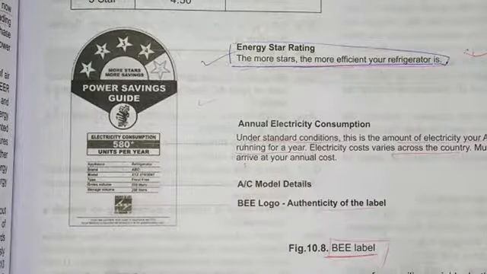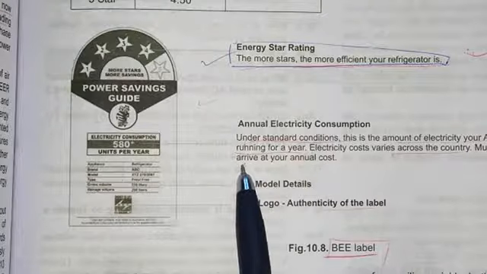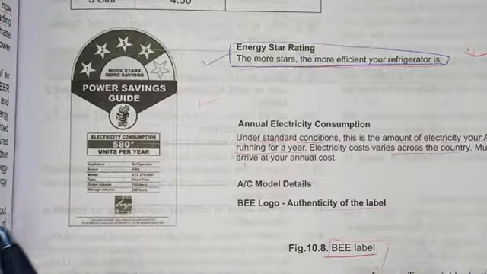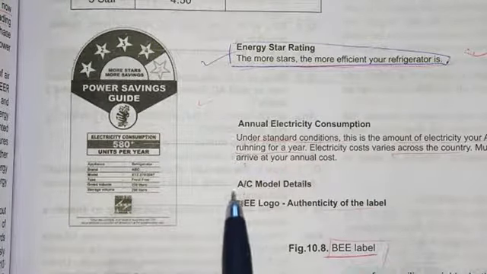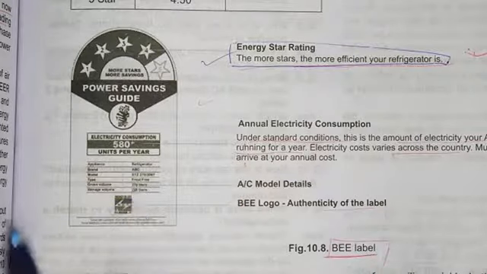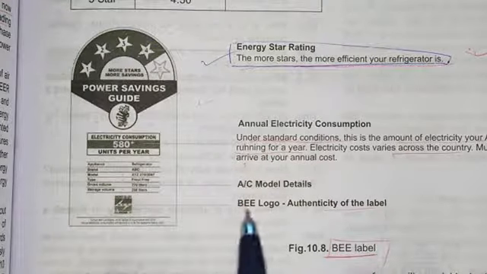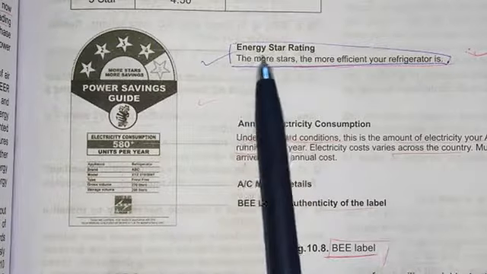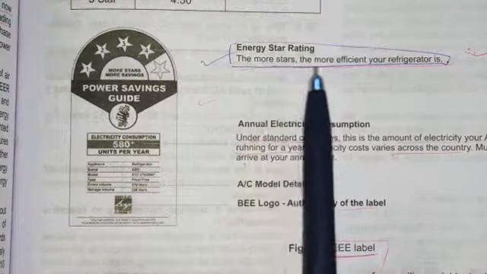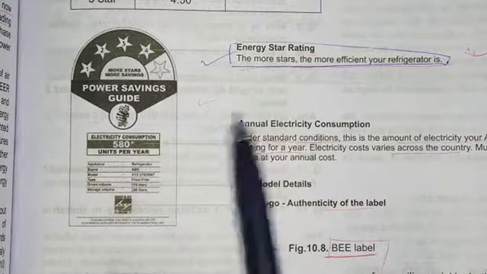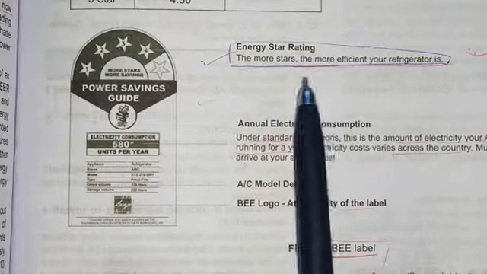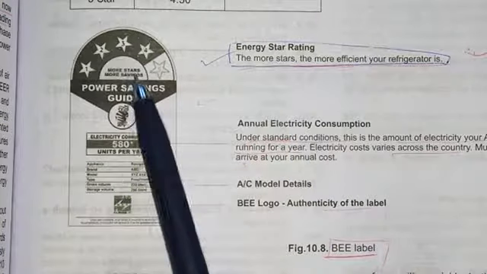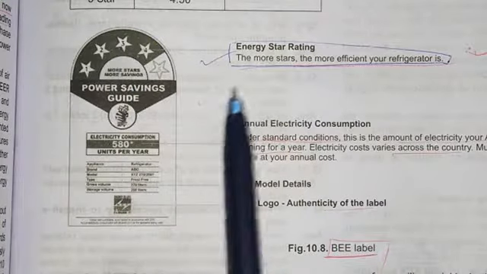Multiply the units by the rate to arrive at your annual cost. And this is the AC model shown here, and this is the BEE logo showing the authenticity of the label. The more stars, the more efficient your AC is. If you have a 5 star, then that is more efficient. If this is a 4 star, it is less efficient.